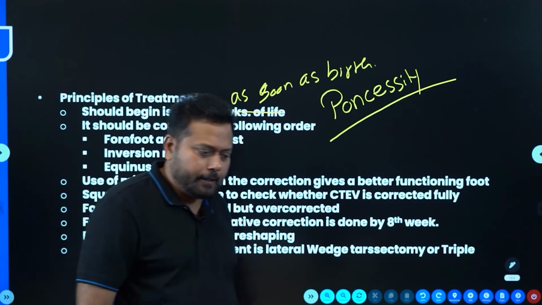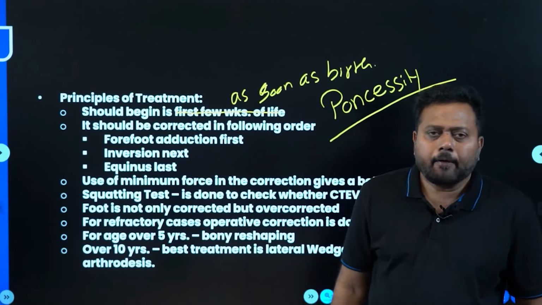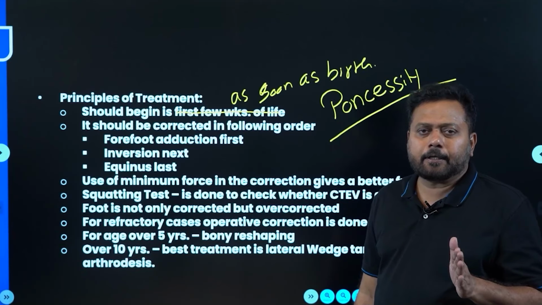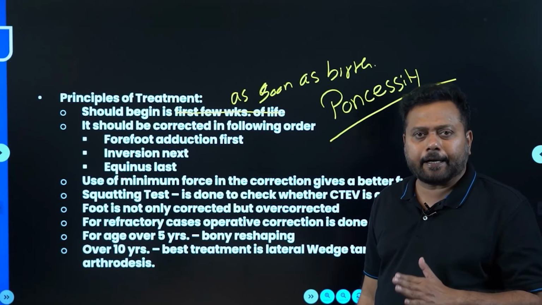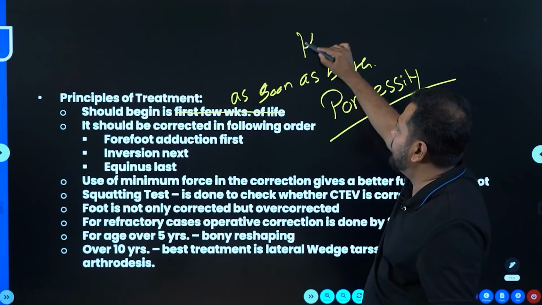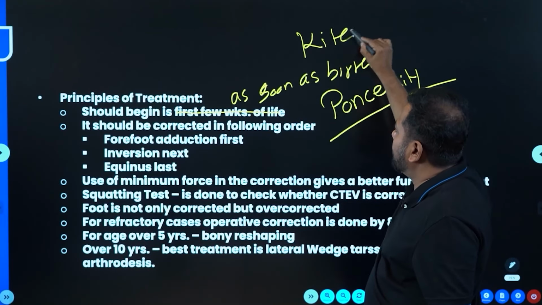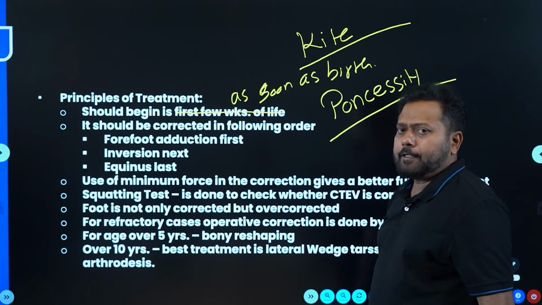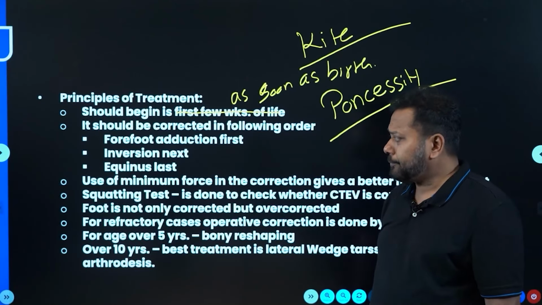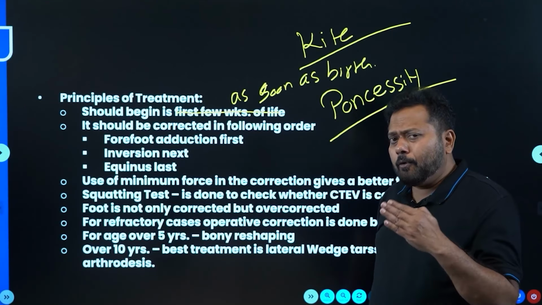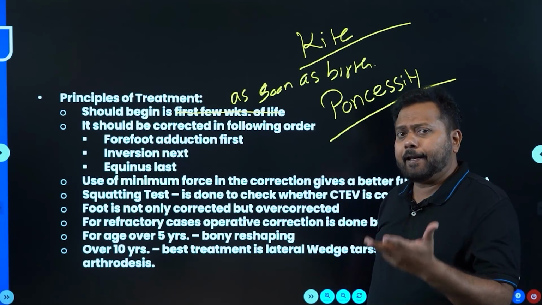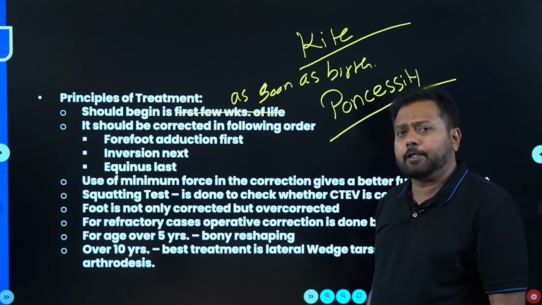That is called Ponseti correction. When you correct serially, that is called Kite's method. That's not needed. There is one more method called Kite's method of correction. Ponseti is very popular. Ponseti gives a better result. Use minimum force in correction. You should not be very violent, it should be a very minimal gentle force.